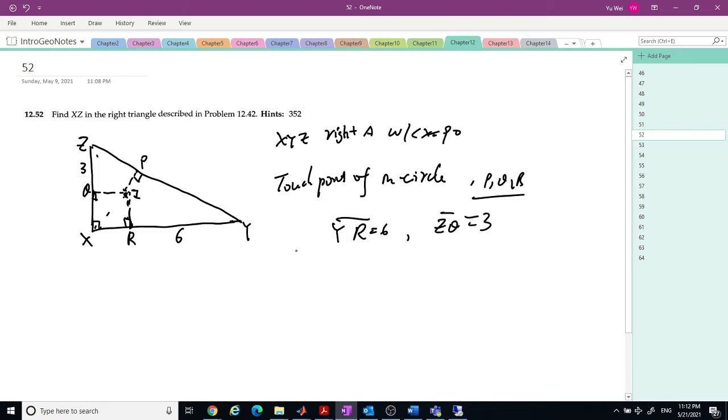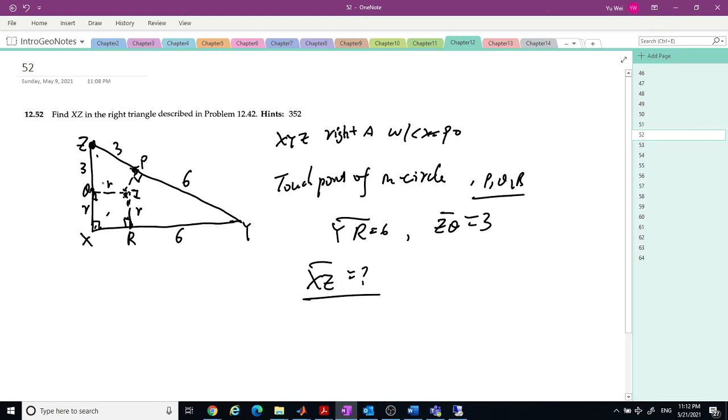So we want to solve for XZ, right? To solve XZ, you need to solve for the radius r. Once you solve the radius, this is 6 and this is 3, right? Because tangent lengths from one point to a circle are equal.